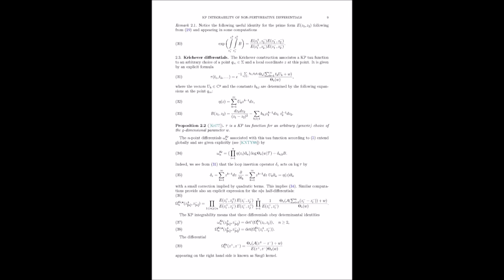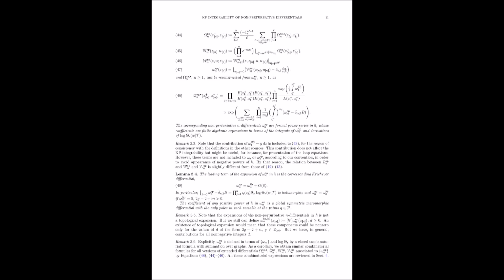The Krichever differential arises from a specific section of the line bundle. And this section is chosen such that it vanishes at the chosen point on the Riemann surface with a particular order. Now, the derivative of this section, when viewed as a one-form on the surface, is what we call the Krichever differential. Interesting. So it's like we're capturing the local behavior of the section near the chosen pole. Precisely.